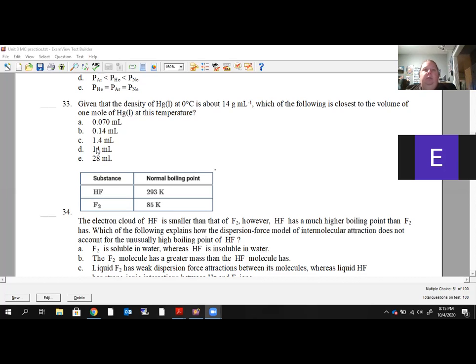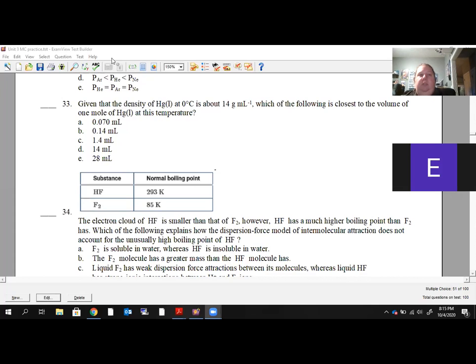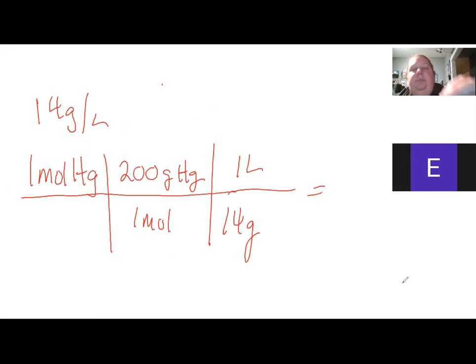Oh, crud. You're right. I am so wrong. That's 14 grams per milliliter, wasn't it? Ignore everything I just said, Alex.